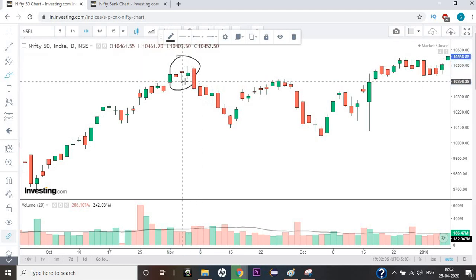This one is a hammer, sorry, it's a hanging man, red in color, that has a body and a tail. There's no upper shadow in it, and the lower shadow or tail is greater than twice the body. That qualifies all the rules that have been set out, right?